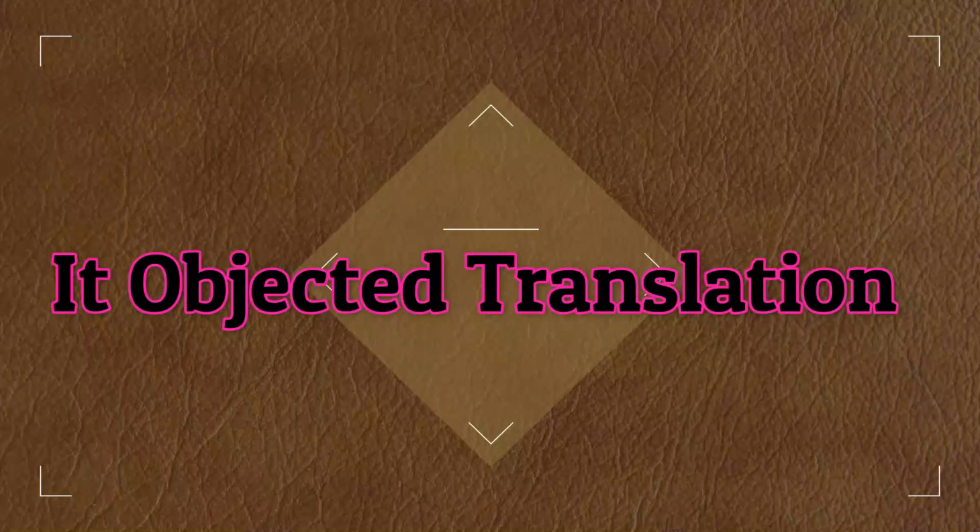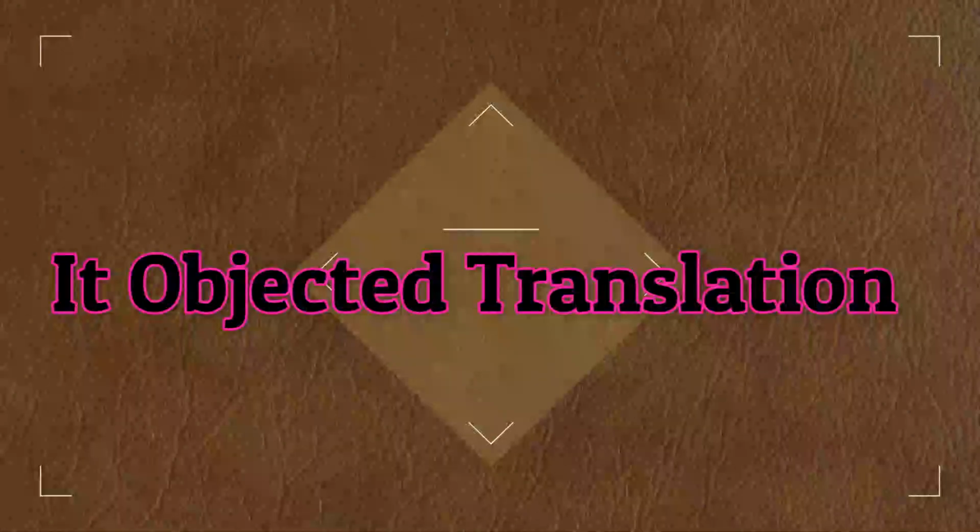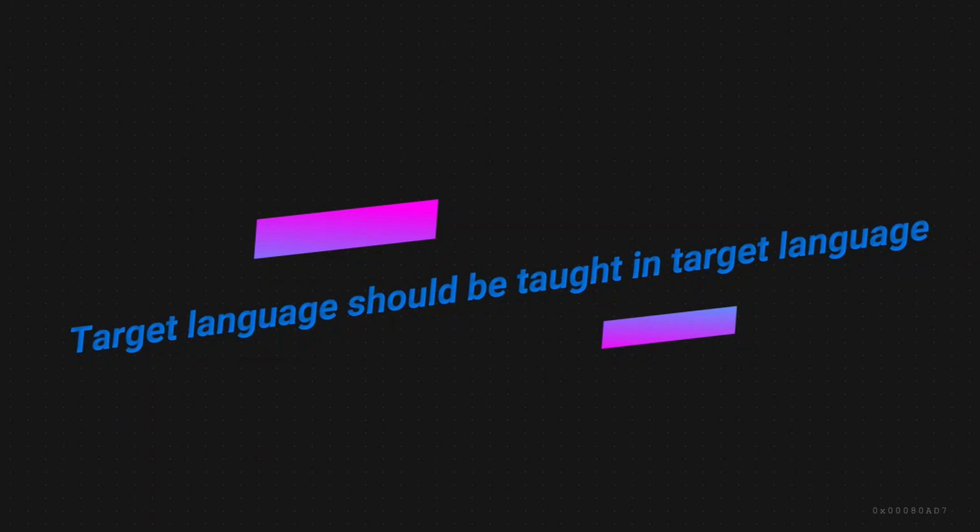That's why they removed this very first thing. They claimed that target language should be taught in target language directly, without the intervention of any other language. That is why it is called direct method of language teaching.